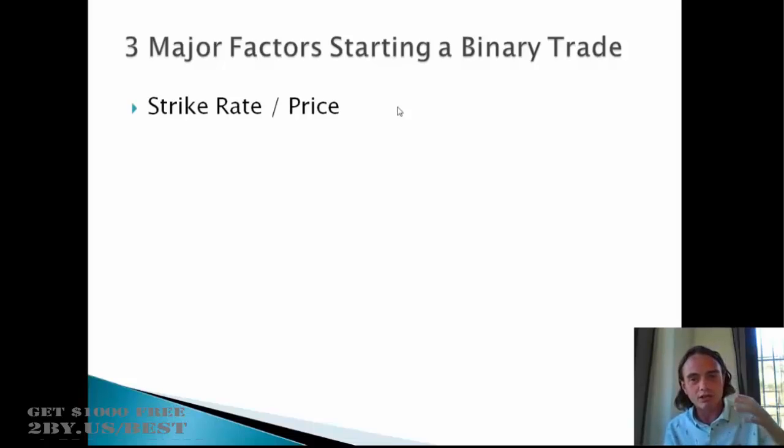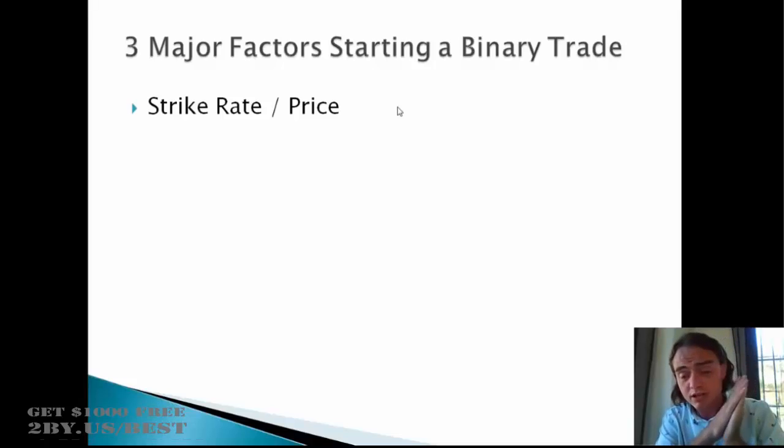Otherwise the price is already moving in the direction of the signal. So you want to make sure you're getting a better price, if not very, very close, and you can check this with the signal provider. They'll let you know if there is any leeway, or whether you've got to be better than the strike rate. So that's a key thing to look at, the strike rate.